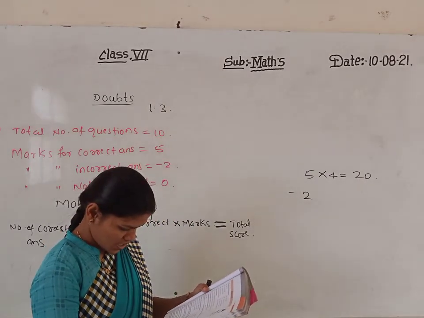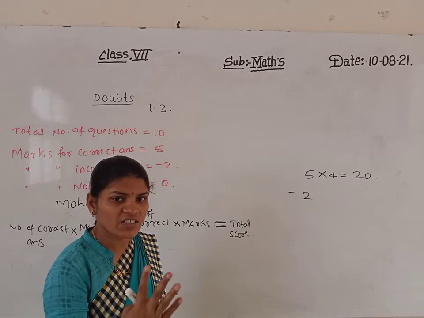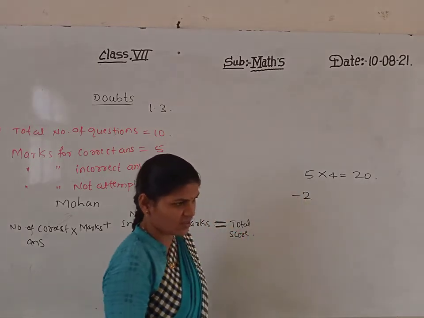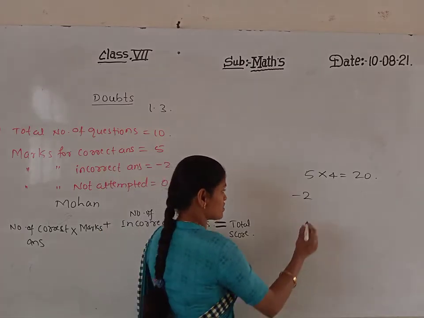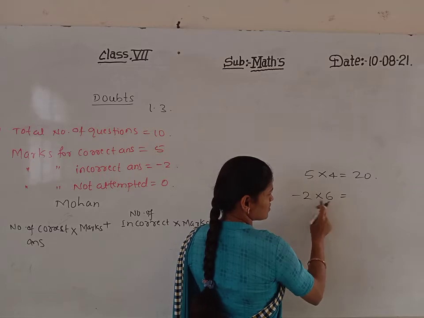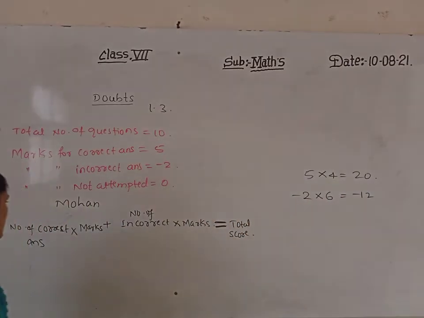Then 6 incorrect answers, minus 2 marks each, so minus 2 into 6 is minus 12.